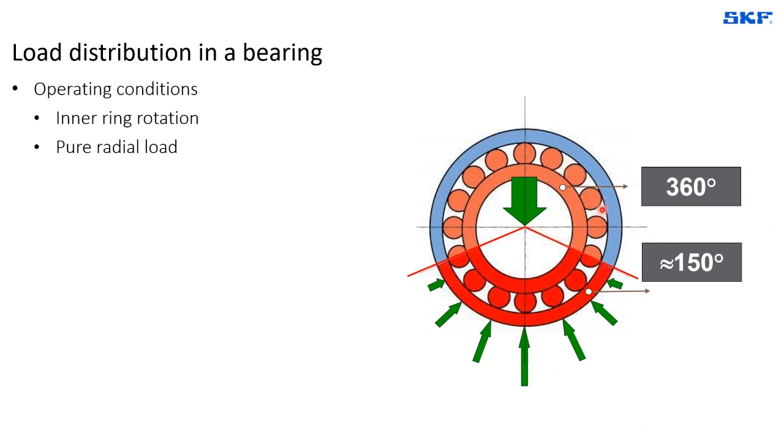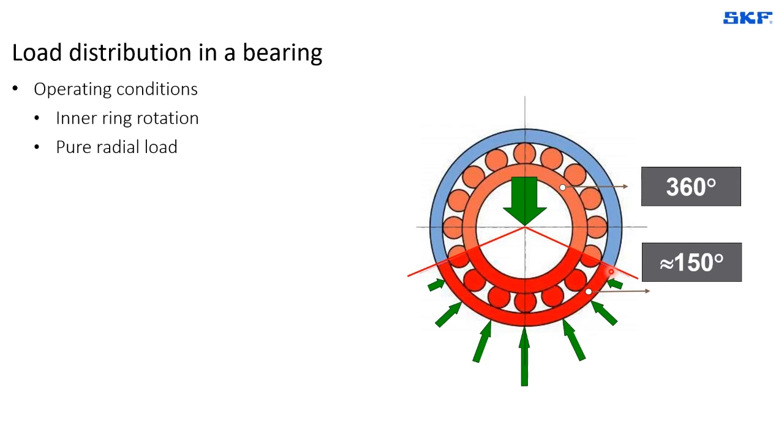So in this case, we can say that the balls or the rollers are only going to be loaded when they go into the area where the load is acting. The outer ring will only be working in this load area where we see the smaller green arrows that are of different magnitude, which also indicates that the load magnitude is not the same for the outer ring in this region.